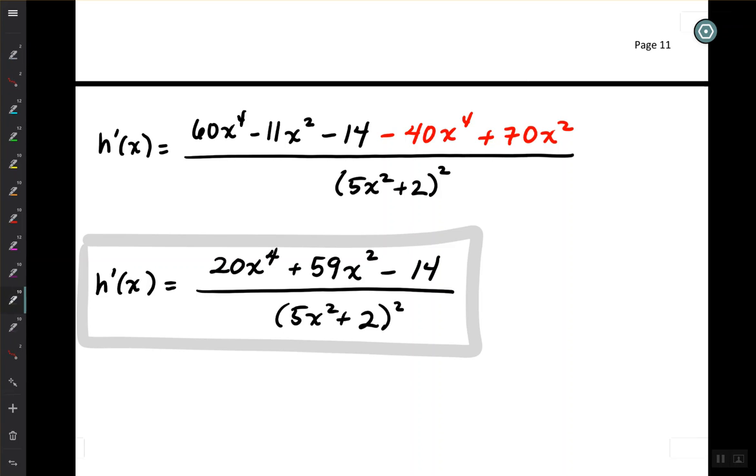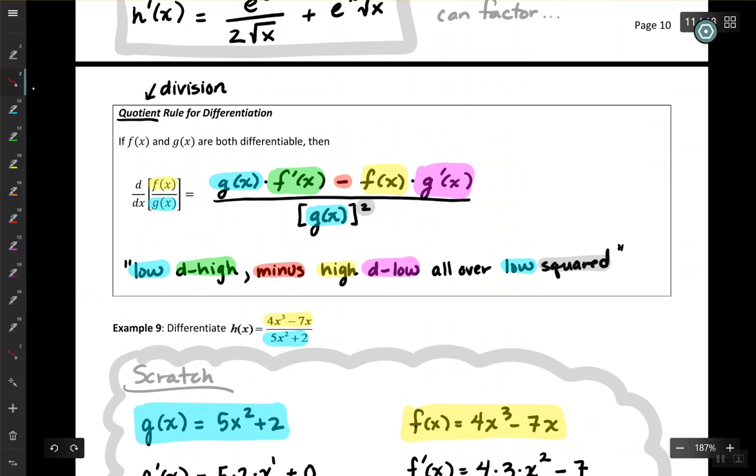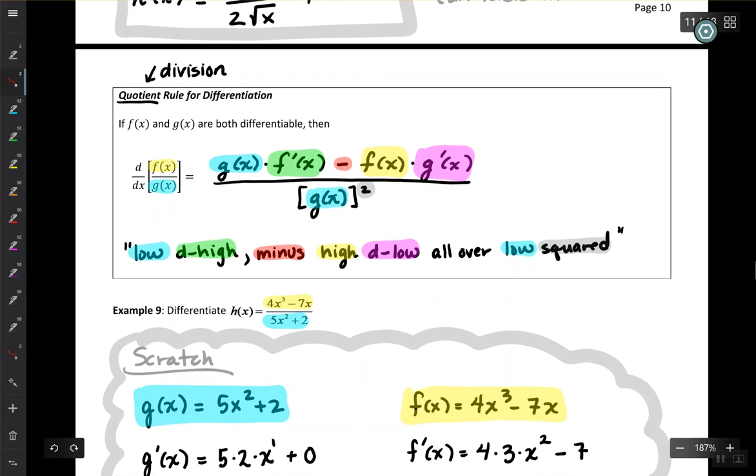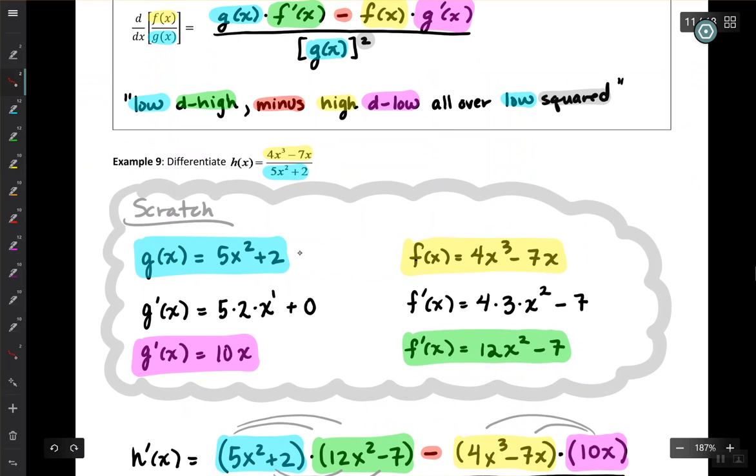So now when you see one function divided by another, like we did here, yellow divided by blue, you want to say, I'm going to use the quotient rule and go after each part and then stitch it all together.